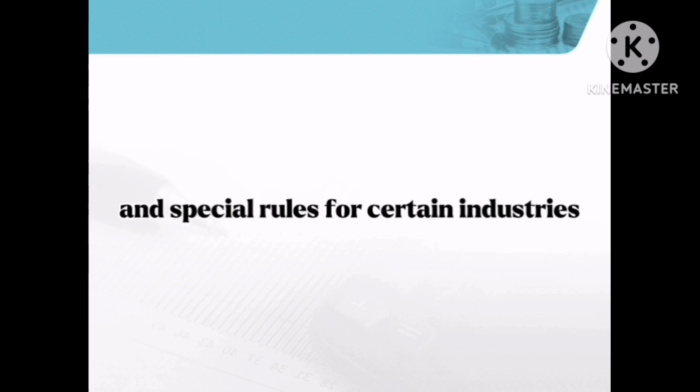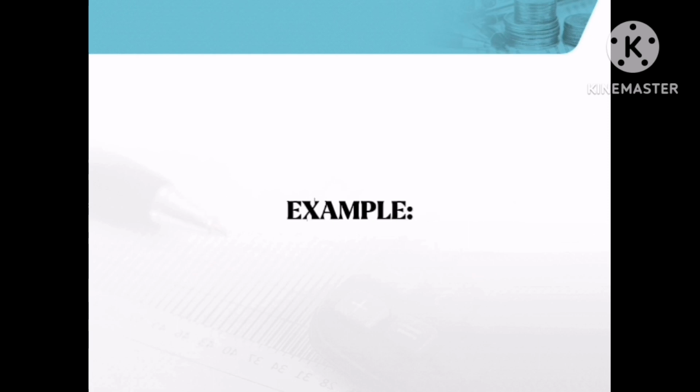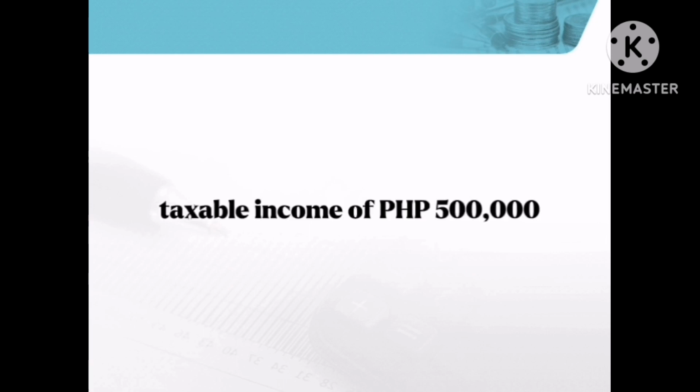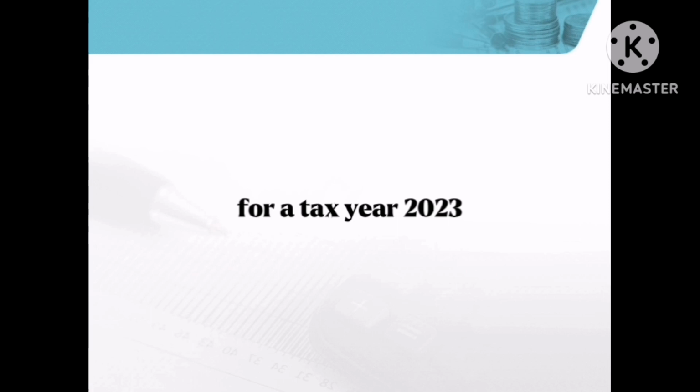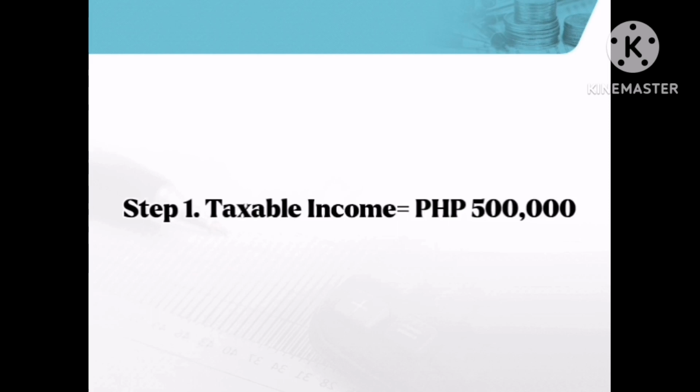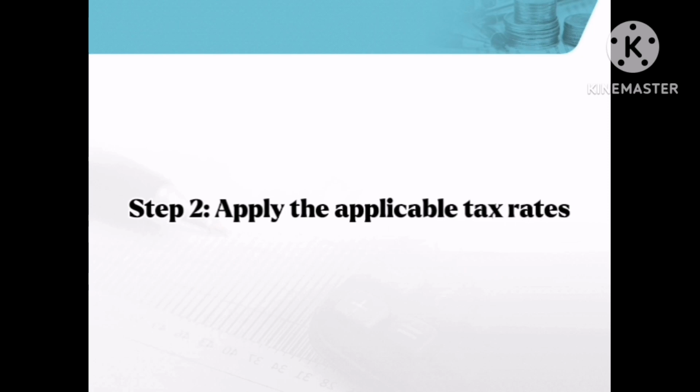Okay, so in the page B or the graduated income tax, here is the example. Let's say an individual has taxable income of 500,000 pesos for tax year 2023. So step 1, taxable income is equal to 500,000 pesos. Step 2, apply the applicable tax rates.